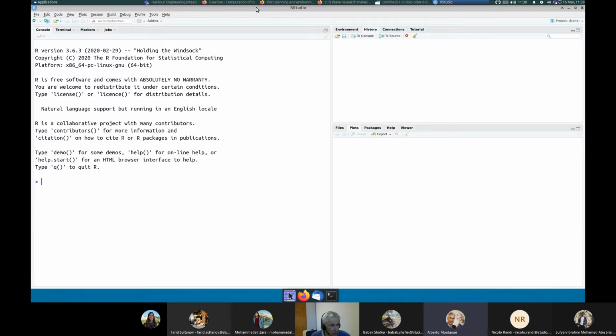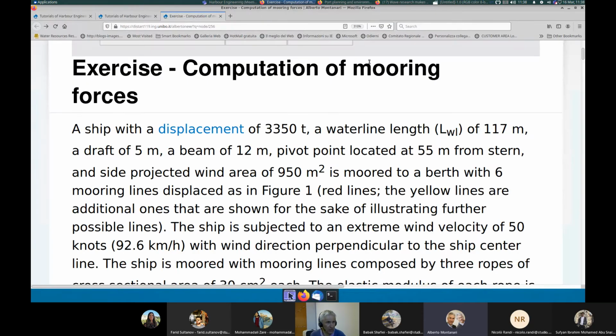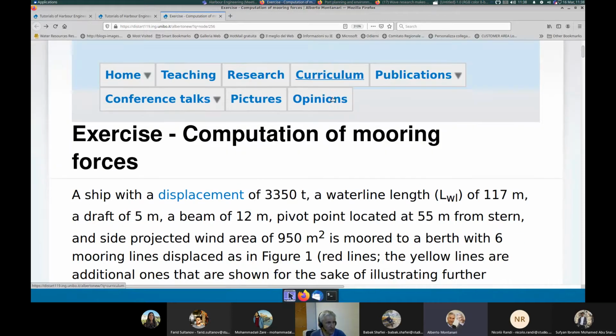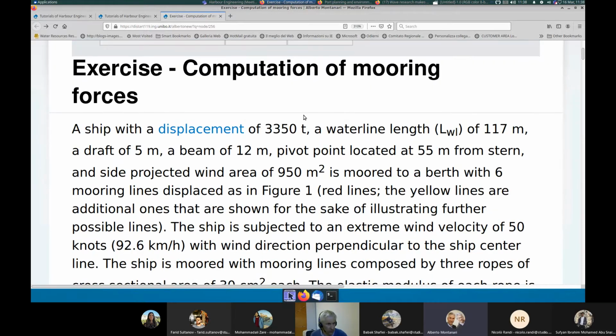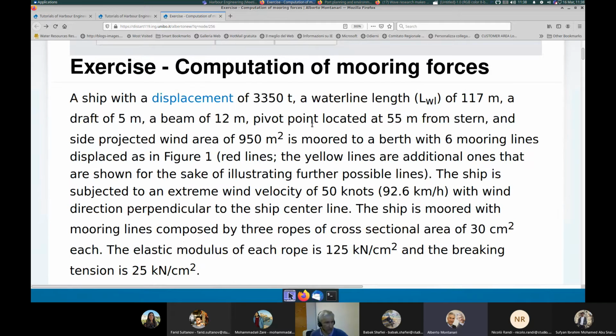Here I am with RStudio, but let me look at the exercise first. So, computation of mooring forcings. Let's read it.